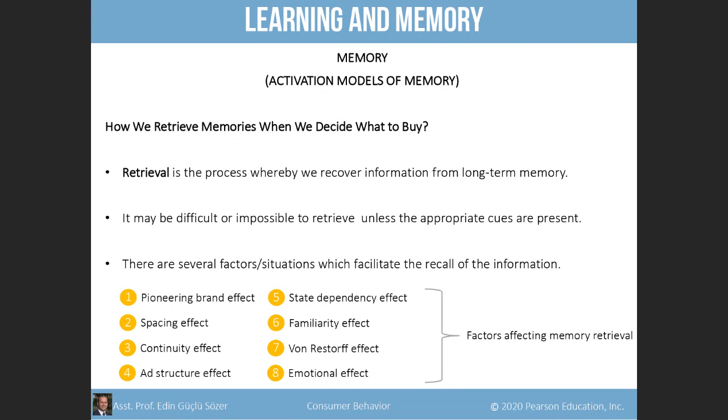So the most effective way of affecting the memory and the callback is not to repeat very frequently in a limited time, but to repeat the advertising for longer periods in a consistent way. This is the much more effective way. So spacing effect and continuity effect is very important.